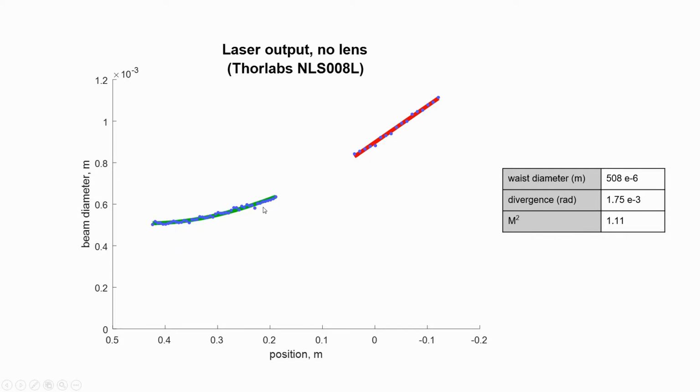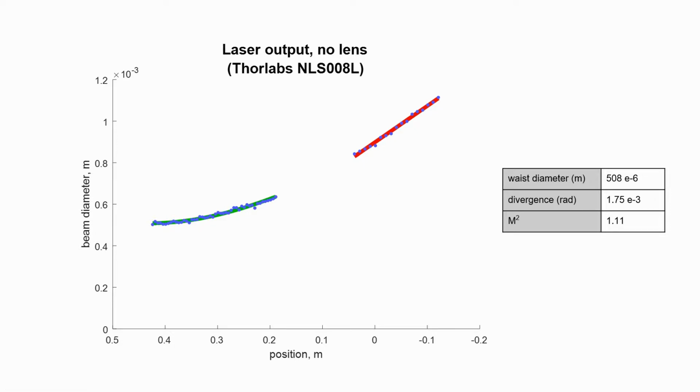When we looked at the output of the laser beam, I used green for the waist and red for the cone section of the beam, which is the way that GaussMouse does it in that little application.